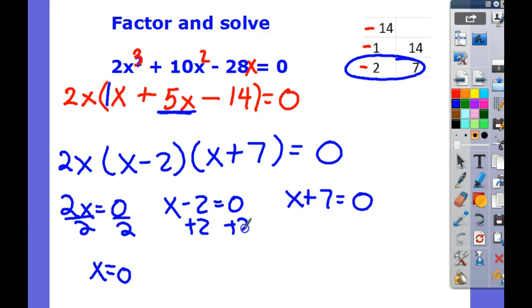And so this one has 3 answers. It would have 3 x-intercepts, and we'll be learning how to graph that one coming up next semester. But that one has 3 answers because x is to the 3rd power.